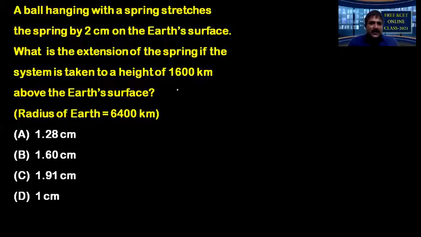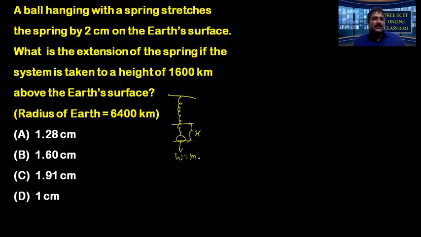So first situation, there is a ball which is suspended from a spring, so that it is stretching from its mean position. Say the extension produced is x. Why is it stretched? Because of the gravitational force, on the Earth's surface, and weight is acting downward.